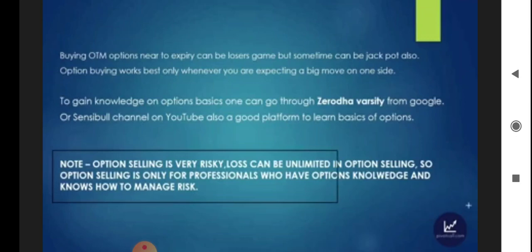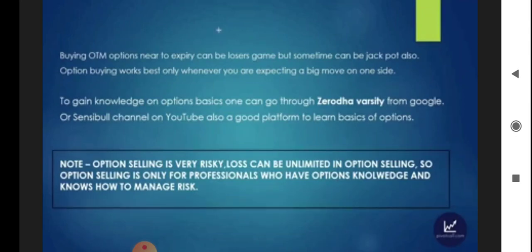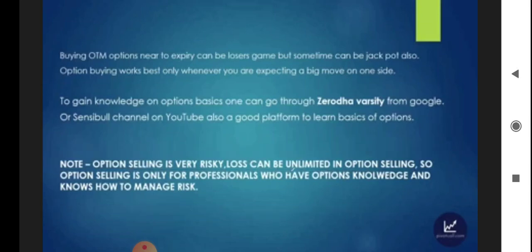This is an important note to everybody who is planning to become an option seller. Remember, option selling is very risky, because loss can be unlimited in option selling. In option buying, loss is only limited to whatever premium you paid. You can't lose more than the premium you paid. But option selling is not like that. Loss can be unlimited in option selling.